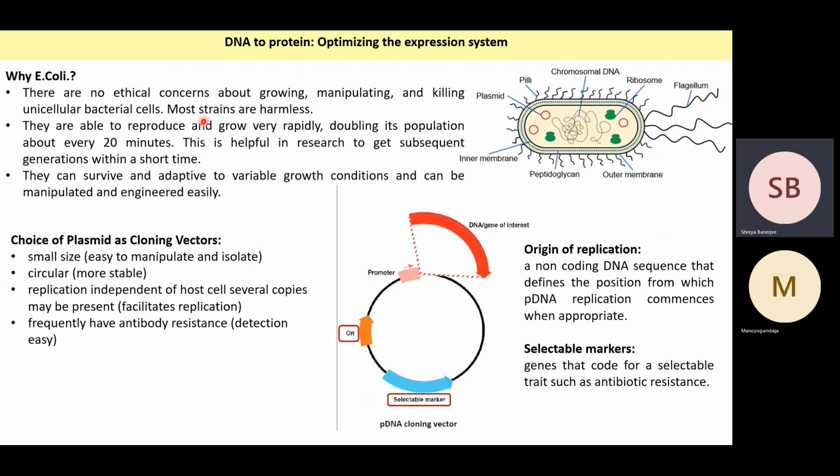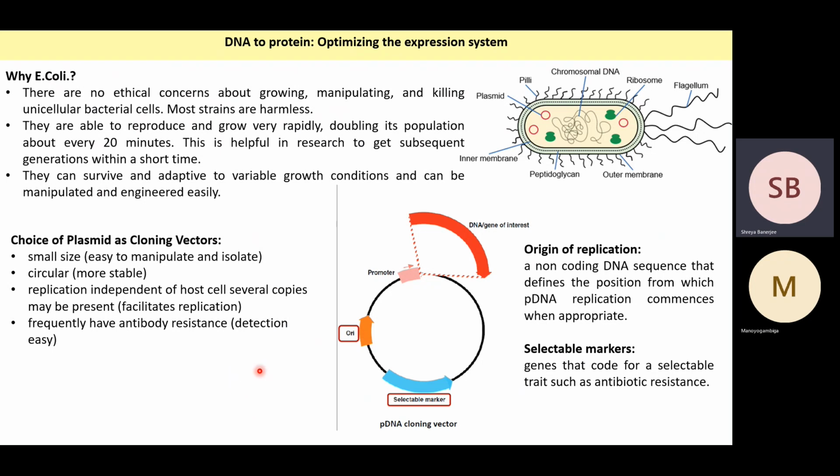Secondly, most of the strains of E. coli are harmless, so there is no chance of any disease spreading from these experiments. Another thing is that unicellular organisms like E. coli are able to reproduce and grow very rapidly, doubling its population about every 20 minutes. So this is helpful in research to get many generations within a short time.